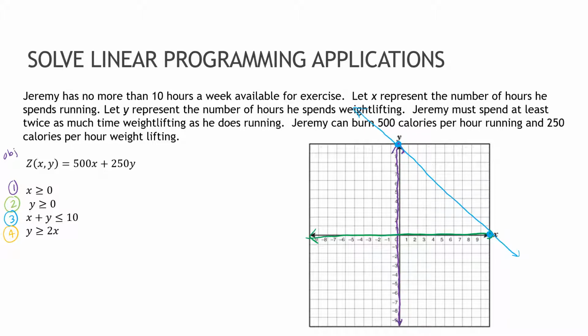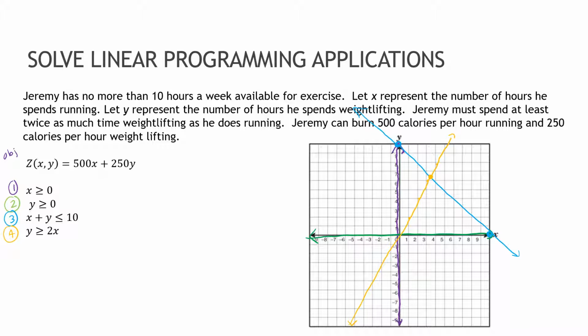And then my last one, y is greater than or equal to 2x, would look something like this. And right away I cringe just a little bit because it's so nice when I graph and things connect at a nice even point. But as I can see, this guy is probably going to be problematic for me when I move down the line. But that's okay, we'll get through it together.